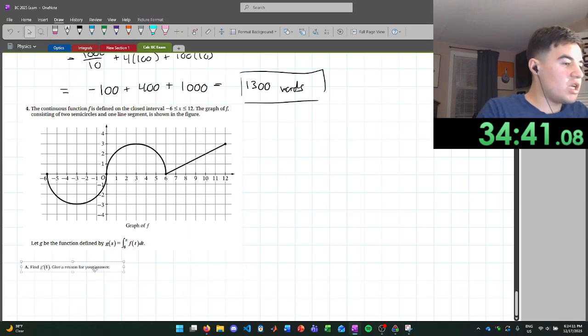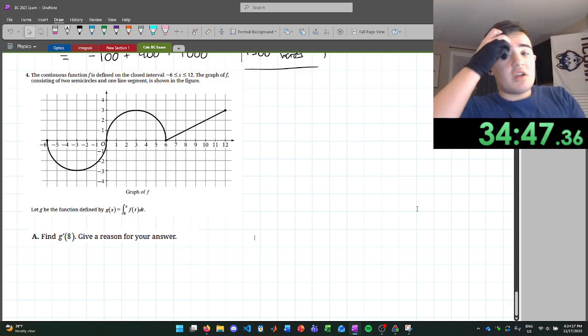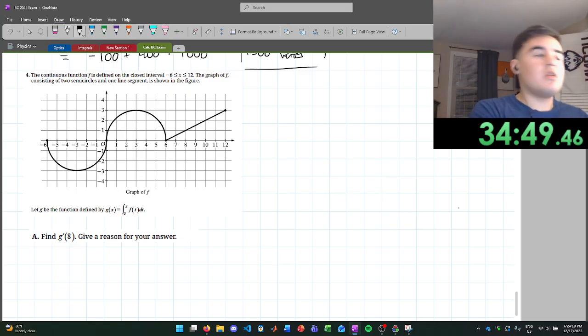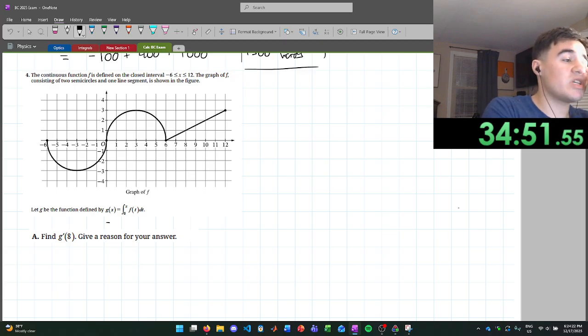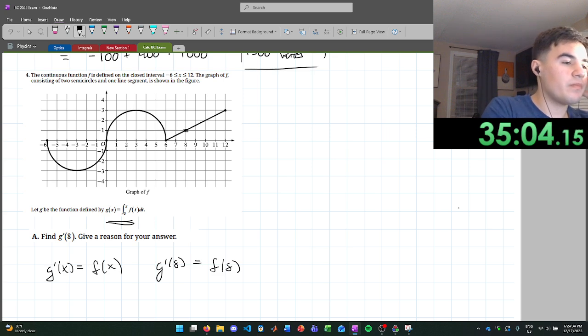Our function g is defined in terms of f of t. Since this is an awesome function, we use the second fundamental theorem of calculus, which says g prime of x is just going to equal f of x. So g prime of 8 is equal to f of 8. f of 8 is 1.